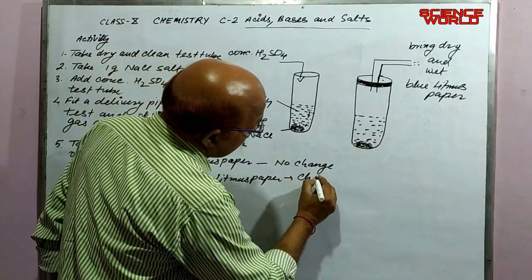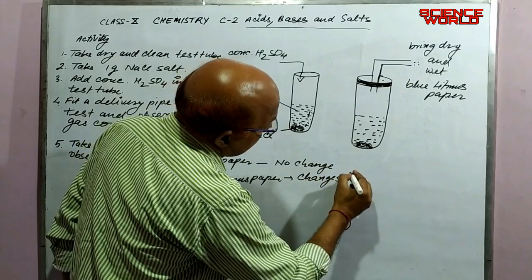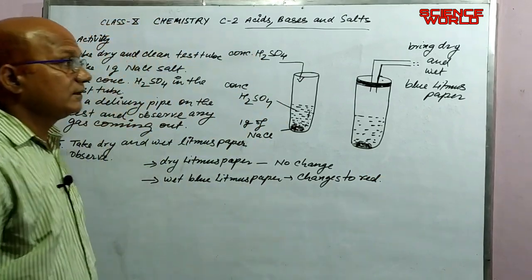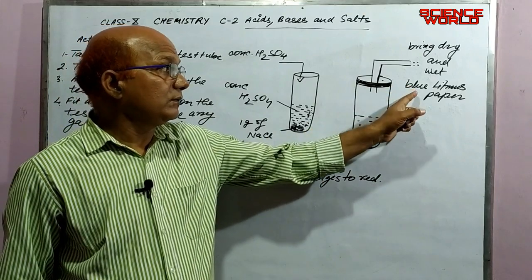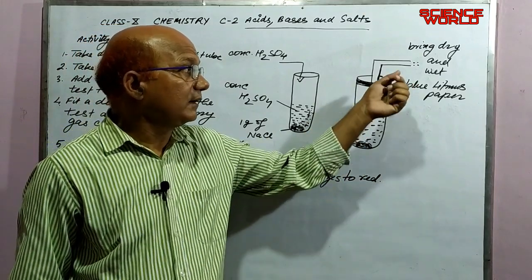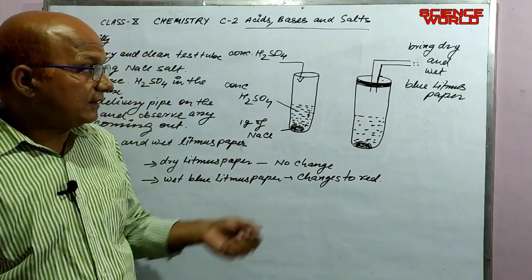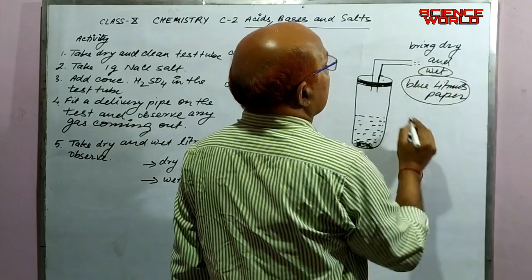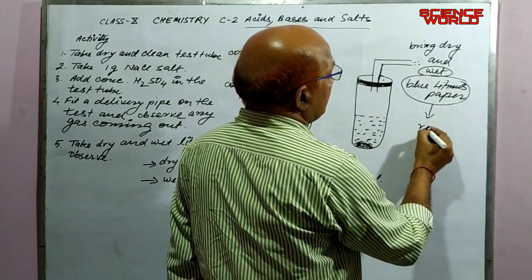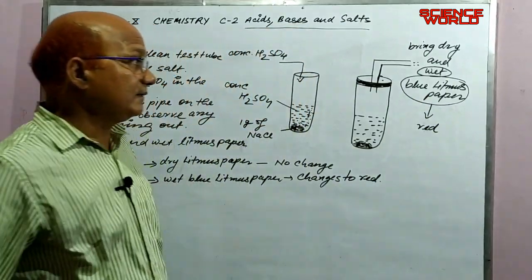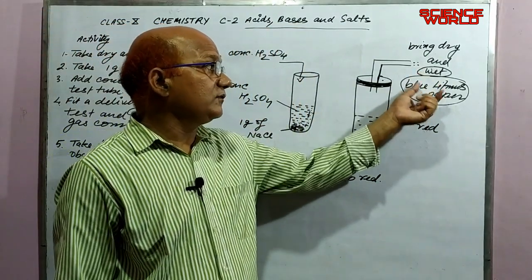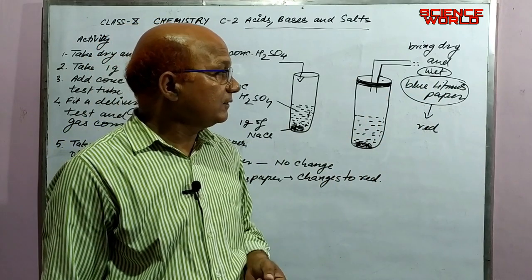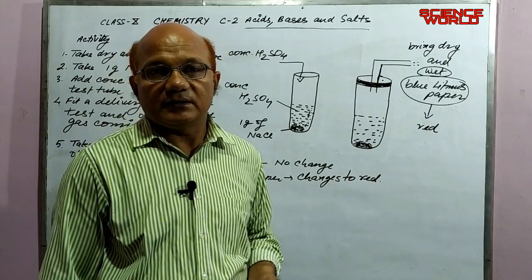It changes to red. It means when you take blue litmus paper and it is wet, then it changes to red. Okay? It means when there is moisture in the litmus paper, the gas shows acidic property.